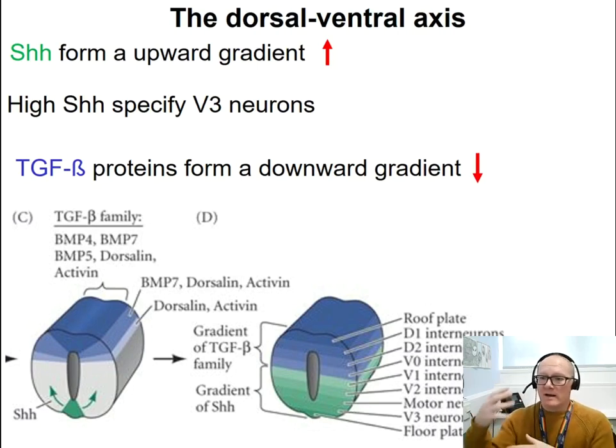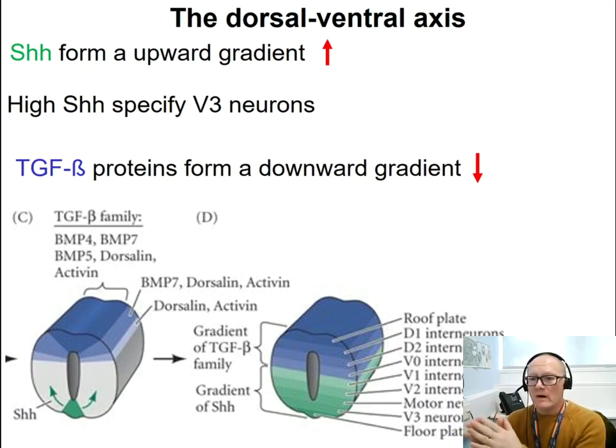So once again, gradients of proteins, in this case SHH and TGF-beta, allow the cells to understand where they are in a three-dimensional space, and therefore to express the correct pattern of genes to give a different structure in the correct place and time during development.